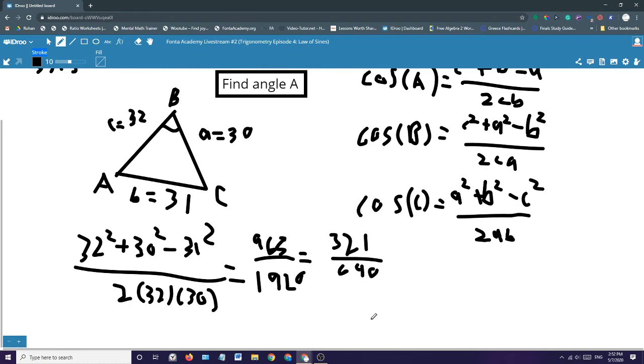So we want to find the inverse cosine of 321 over 640. So let's do that real quick.